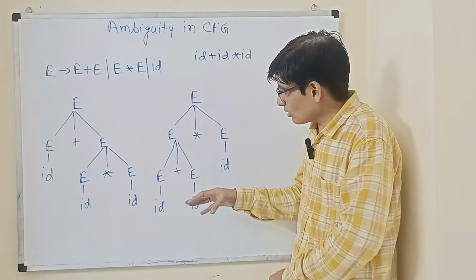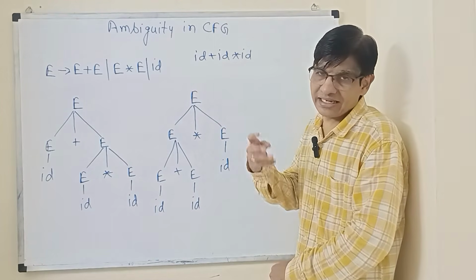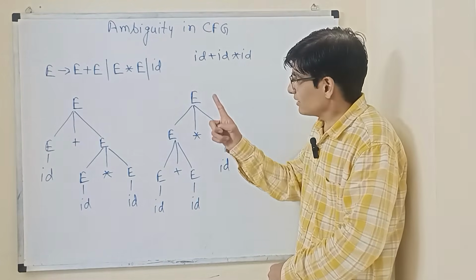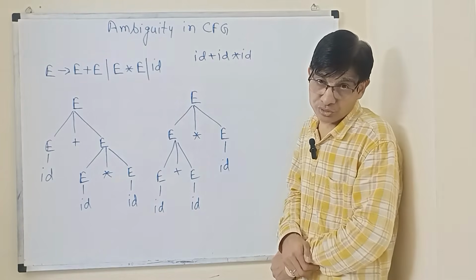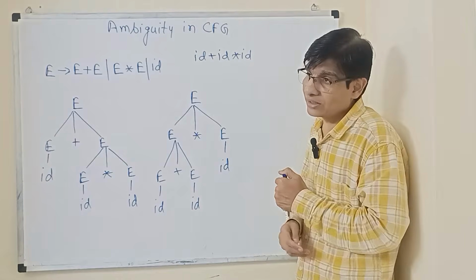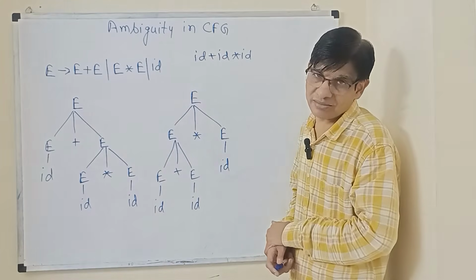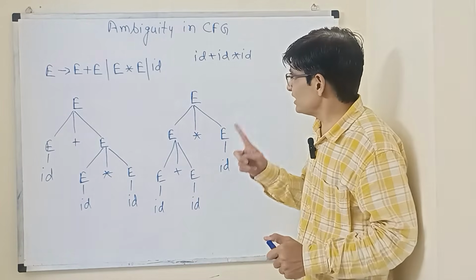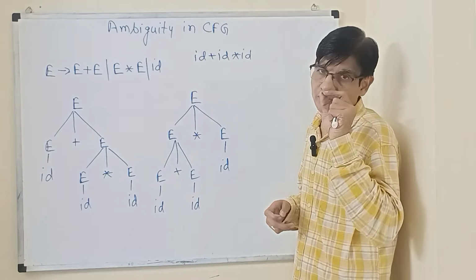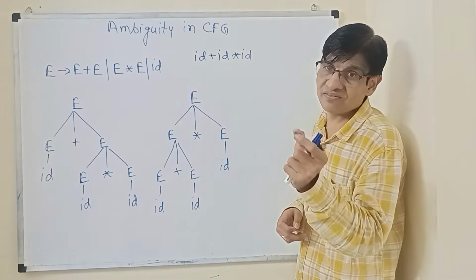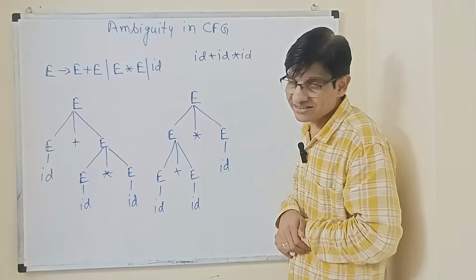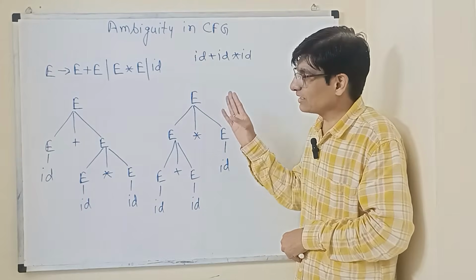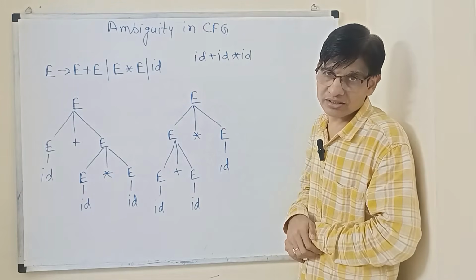Now, in any university exam or competitive exam, you can have this question: suppose one grammar is given to you, and you need to prove that this particular grammar is ambiguous. How would you prove it? You need to identify one string for which you can generate more than one parse tree from this grammar. If you are successful in doing this, then you can prove this grammar is ambiguous.